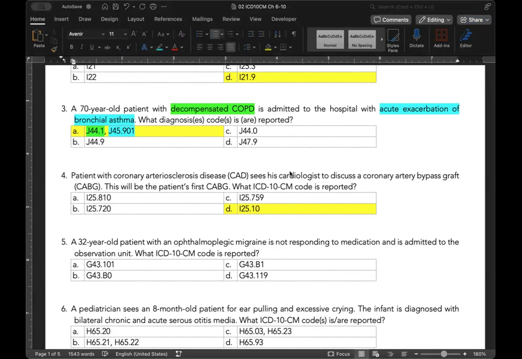I25.810 is because at this point they do not have the CABG. They're talking about getting one, but the CABG is not present. So that's why we wouldn't use the 810. Okay, sorry about that. No, you're fine. Any other questions?